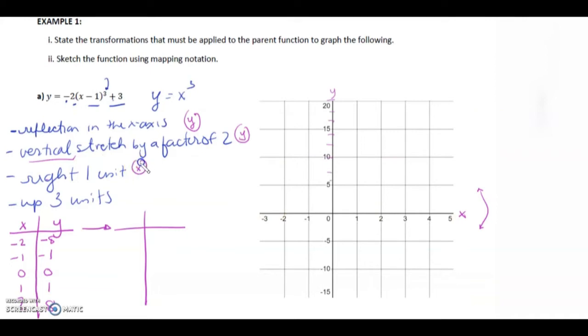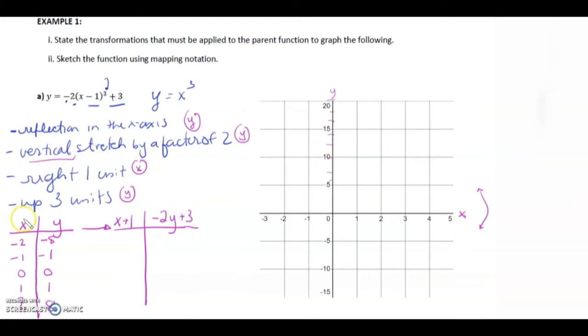So this transformation affects the x values. And up 3 units, again, up and down, that's going to affect the y. So if our x is moving right 1 unit, this is x plus 1. If our y is reflected and stretched, we'd have -2y, and then up 3 units, plus 3.